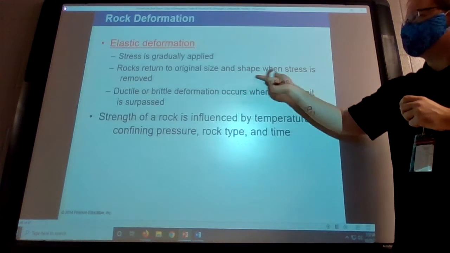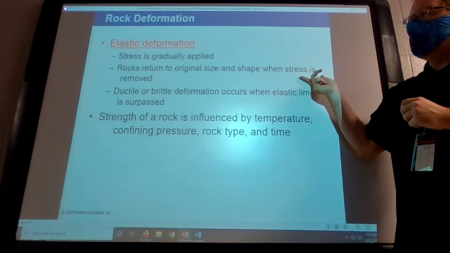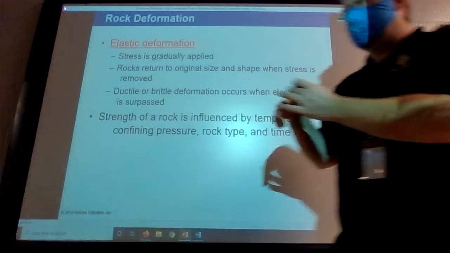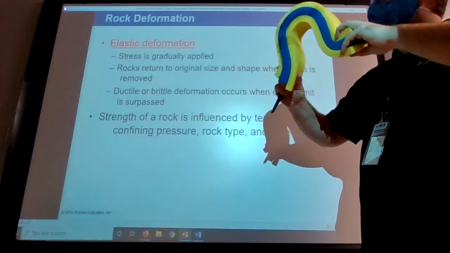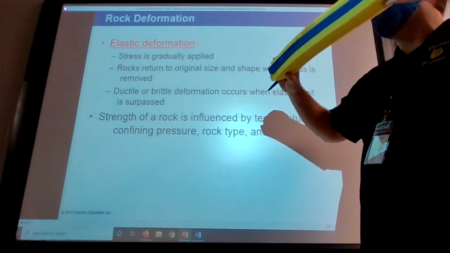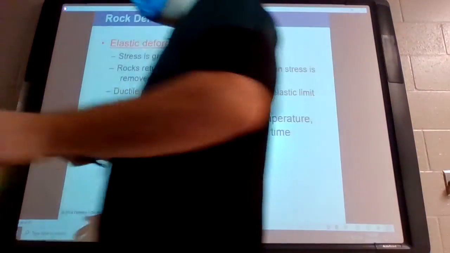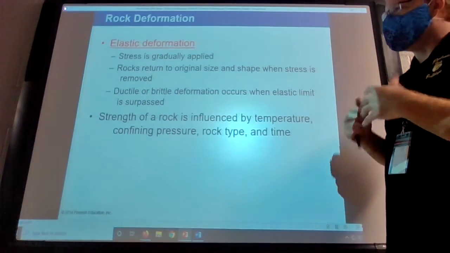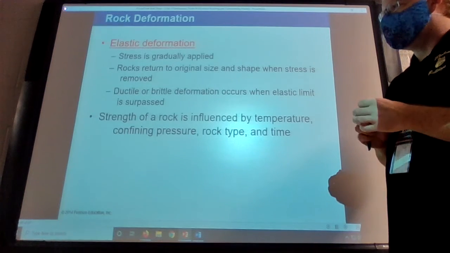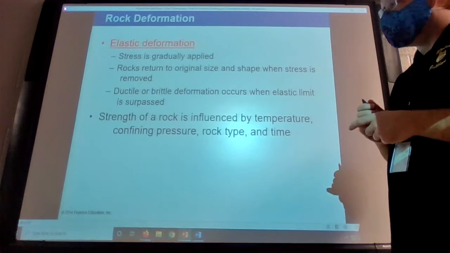Rocks return to their original size and shape when the stress is removed. Not always. If you have a layer that's pushed like this and you get the fold, when the stress is removed, they're not going to unfold and go flat again. So in a single small piece of rock, you might have it return back to its original shape, but generally not when you have the full folds like that.